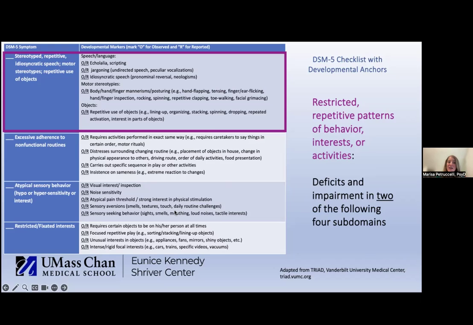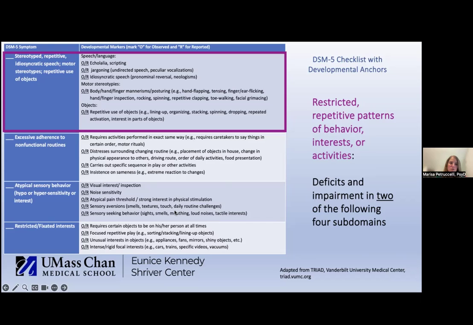Or if a child has more developed speech, there might be an idiosyncratic quality to the speech. So difficulties with learning pronouns when it's not beyond what's developmentally appropriate, or pronoun reversals, things like that. Motor mannerisms, there's a wide range here, and they certainly overlap with lots of other presenting conditions, but it's important to note here if you're seeing any of these behaviors.